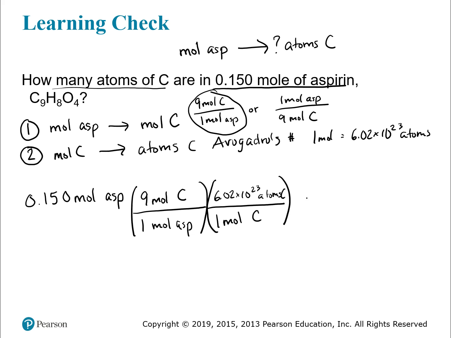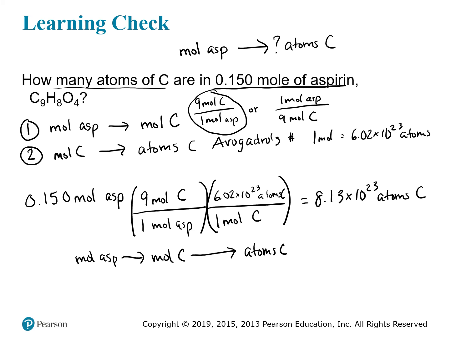Which means that the atoms go on top. So as you can see, we're going from moles of aspirin to moles of carbon to atoms of carbon. When you do this math, you should get 8.13 times 10 to the 23rd atoms. Make sure you can do that math.